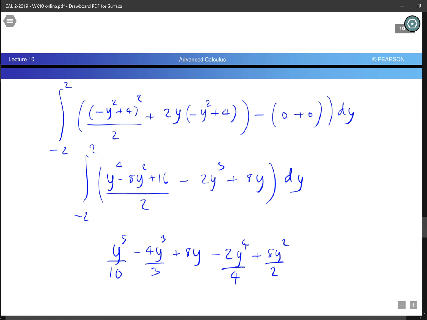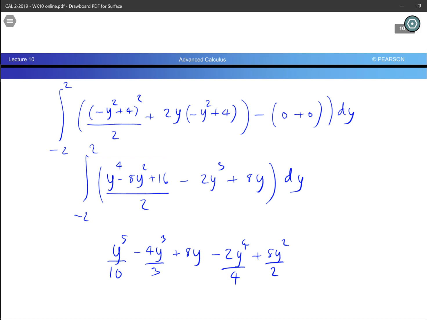Let me check if this is correct. So we have y to the fifth over 10 minus 4 over 3 y cubed plus 8y. Alright.